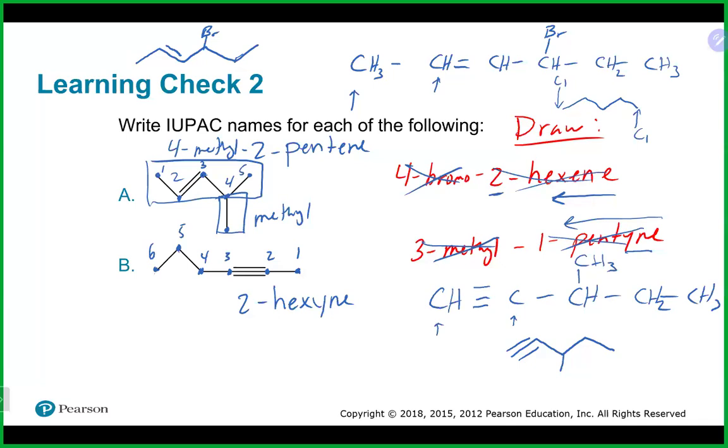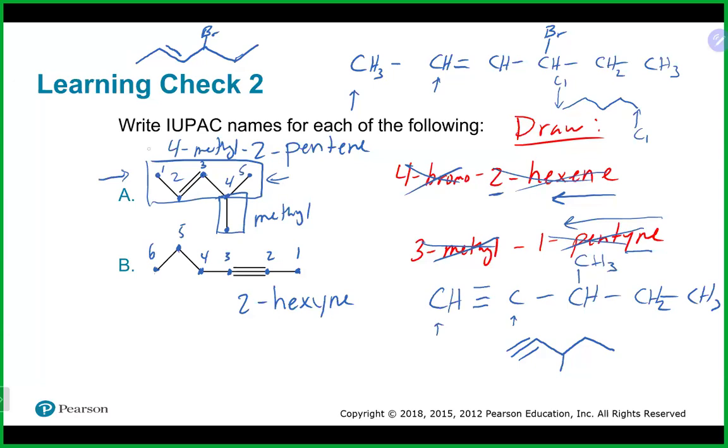So in these cases, if you have a structure like we did over here, you want to find the longest carbon chain that contains either a double bond or a triple bond in it. And once you do, that's what I put in this first box here. Once you identify the longest carbon chain, the way you want to number that chain is based on the double bond or triple bond, whichever way gives it the smaller number.